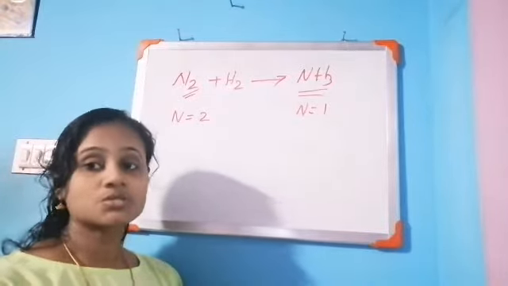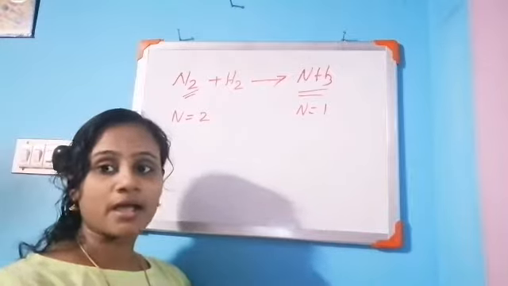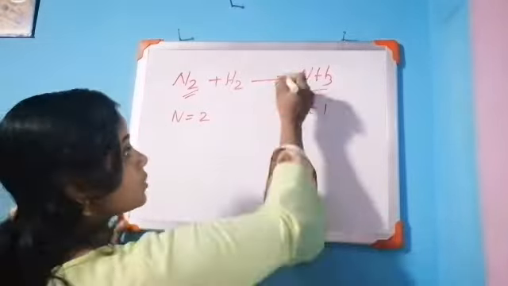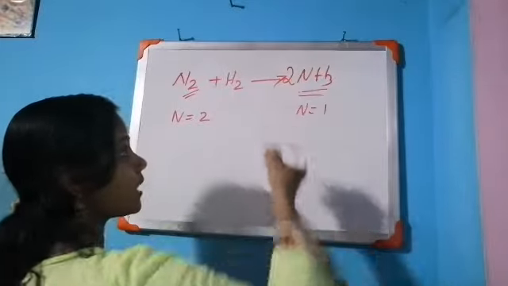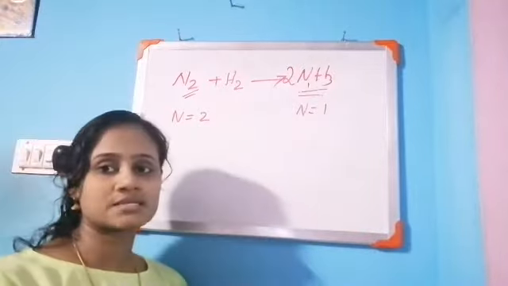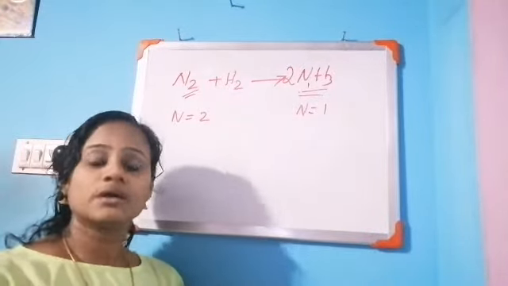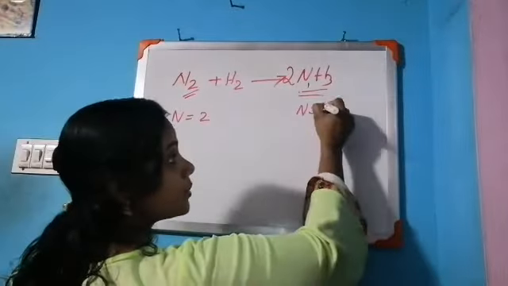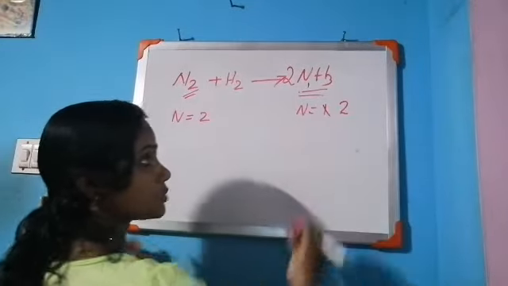The product side. So we multiply by 2 on the left side of ammonia. 1 into 2 is 2, so now the nitrogen number is 2.